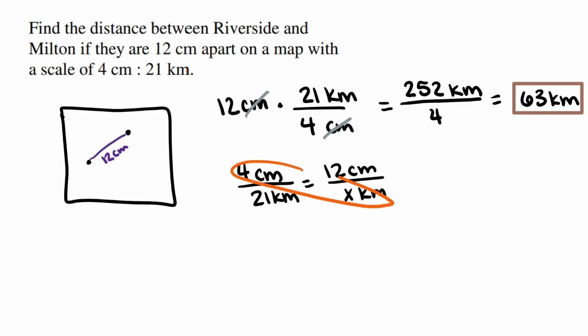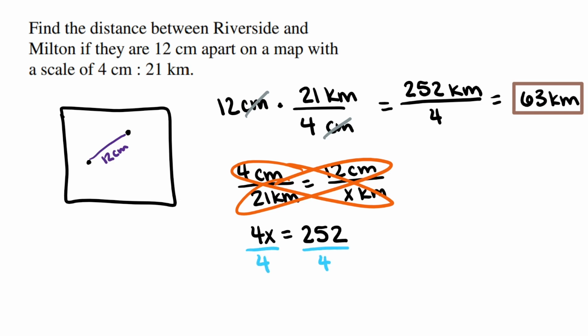We'll cross multiply. So 4x equals 12 times 21 is 252. When we divide both sides by 4, we get x equals 63 kilometers, which is what we found using our scale factor.